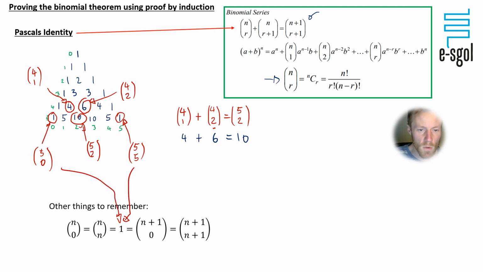We could go to 6, 6, or we could go to 6, 0. Both of those will be equal to 1. We're basically saying the whole of this diagonal and the whole of this diagonal, they will always be equal to 1. And that's just something else that we want to remember when we're doing this proof.